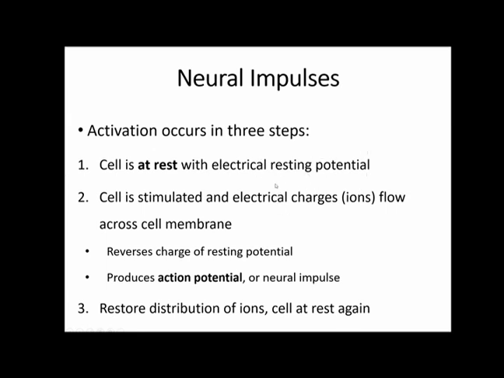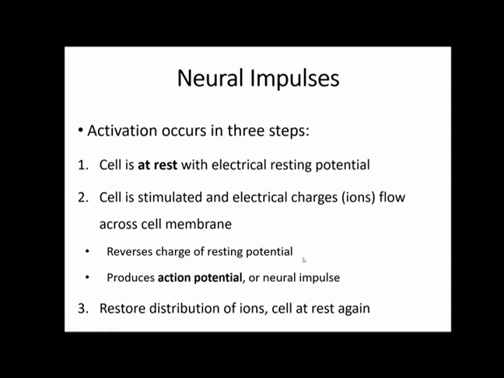And after all of these charges flow across that membrane, we end up with a positive charge across the membrane. And this positive swing is producing, or is, an action potential, and sometimes again called a neural impulse. And as the cell is producing an action potential, we can say that it's firing.